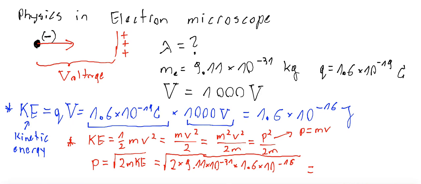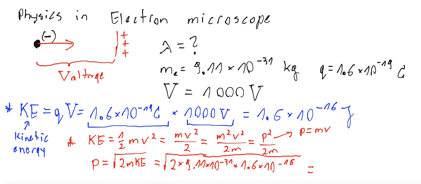So this is the square root of 2 times 9.11 times 1.6. Okay, and the power is 10 to the power of minus 47, because minus 31 minus 16 is minus 47, and the square root.